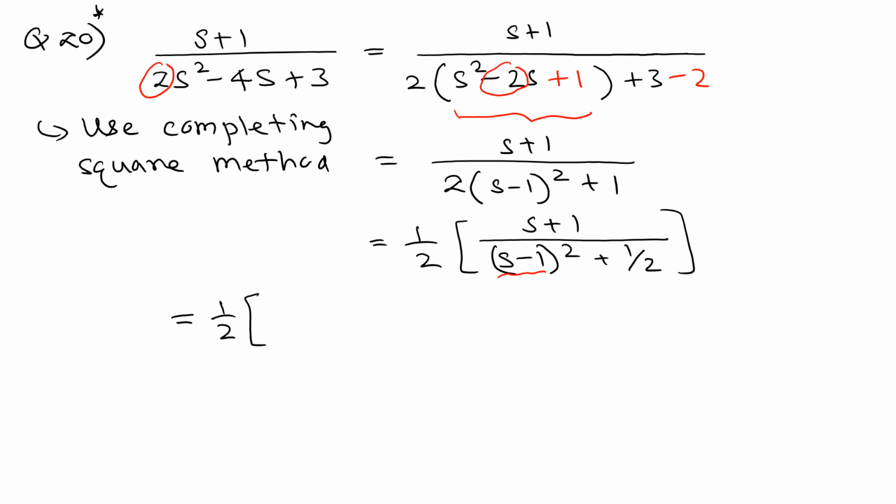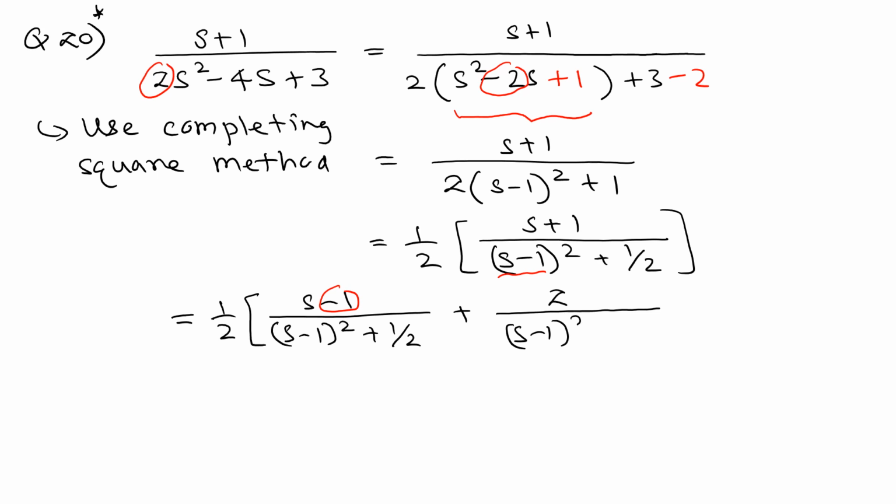You can write it as s - 1, not just s, because of the denominator term, over (s - 1)² + 1/2, plus, because of this minus 1, you need to add an extra 1... so it's going to be 2, over (s - 1)² + 1/2.